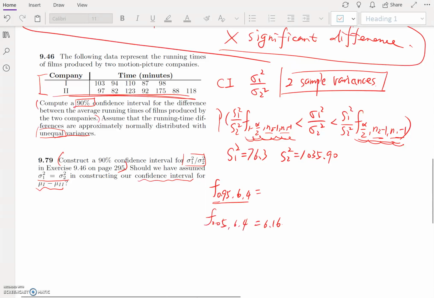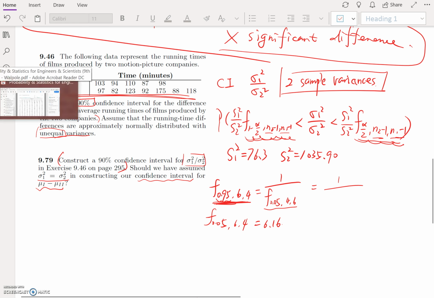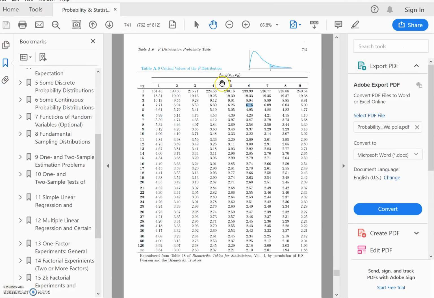And the F value table does not have alpha equal to 0.95, so we have to do a little bit of calculation here. From the lecture we know it equals 0.05, then 4, 6, if you can remember. So it's 1 over this value. This value we can look up in the table. It's the same 0.05, then 4, 6. 4, 6 here is 4.53.